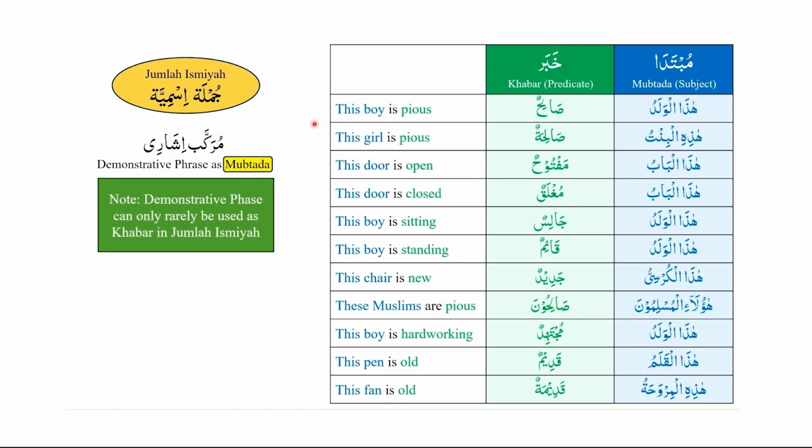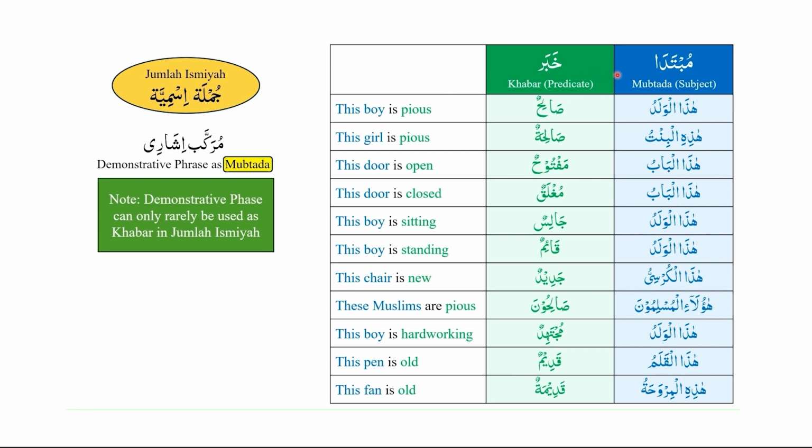Now we will practice using murakkab ishari or demonstrative phrase as mubtada in Jumla Ismiyah. Please note that murakkab ishari can only rarely be used as khabar in Jumla Ismiyah. In the vast majority of cases, murakkab ishari will be used as mubtada.